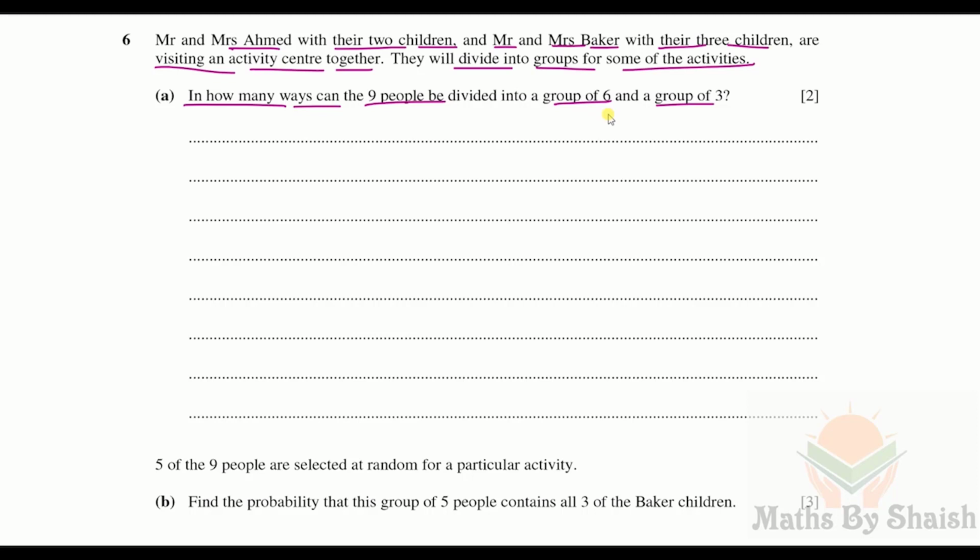So we can say that the total number of ways 9 people can be divided into group of 6 is 9C6, or we can say it is 9C3. Both are fine, and 9C6 is 9 factorial over 6 factorial, and 9 minus 6, 3 factorial.